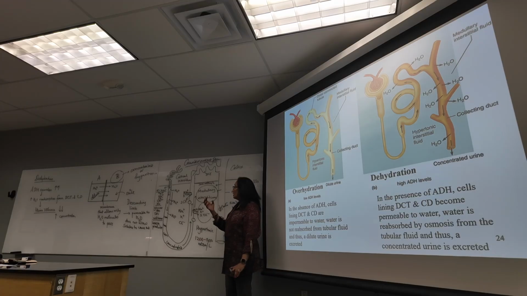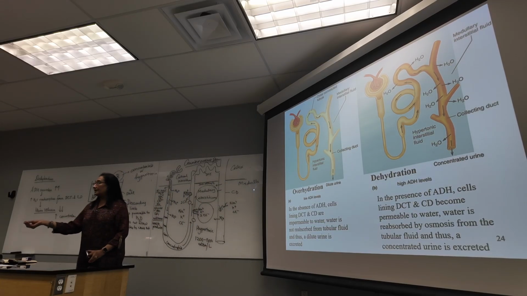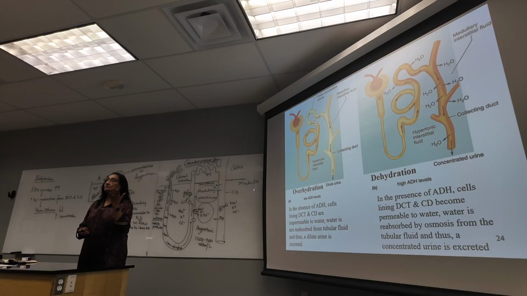So in a newborn or in a young baby, concentration of urine is not possible. Why? Because this is not established yet. So that's why in a newborn baby, if they have one bout of vomiting or diarrhea, you have to take them to the hospital because they need fluids.